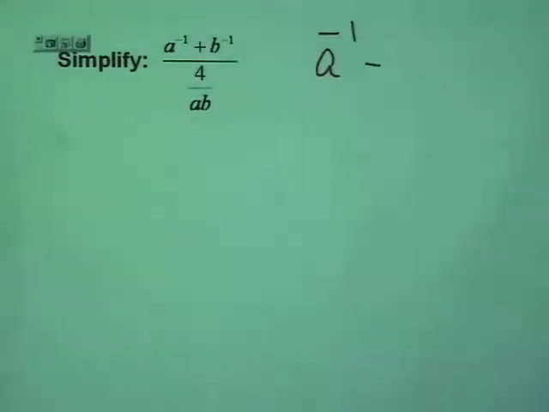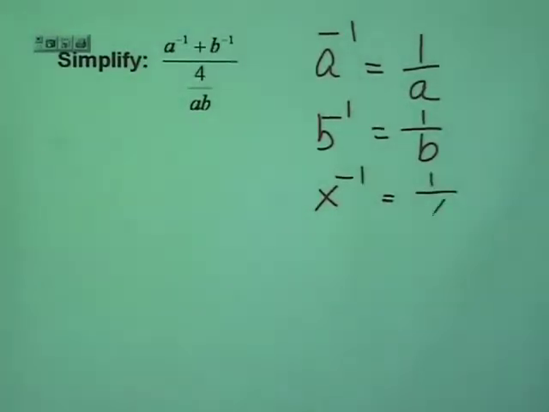A to the power of negative 1 is the same as 1 over a. B to the power of negative 1 is the same as 1 over b. Is that right? X to the power of negative 1 is the same as 1 over x. I hope you remember this.